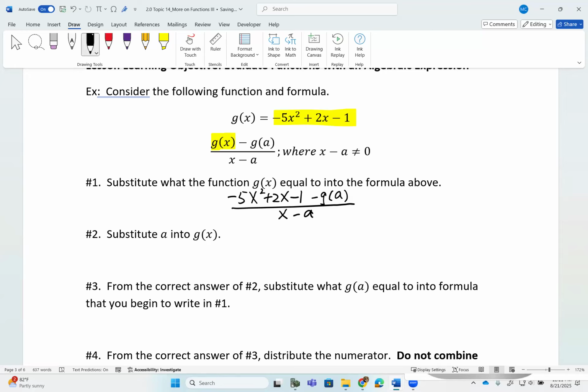Now I'm going to substitute the letter a into g of x. That is for the second term of this formula up here. So wherever I see an x, it will be replaced with an a.